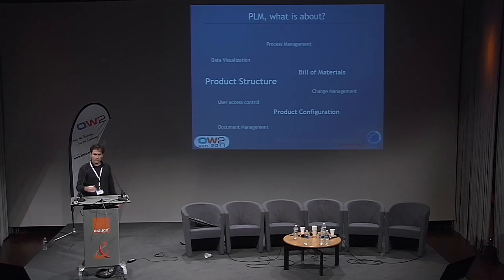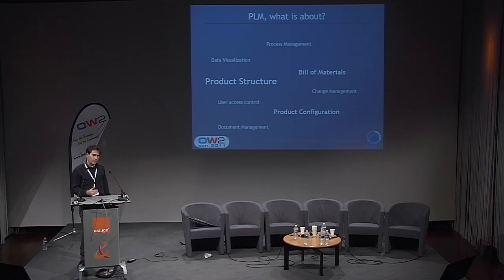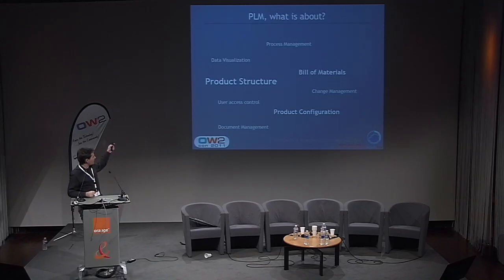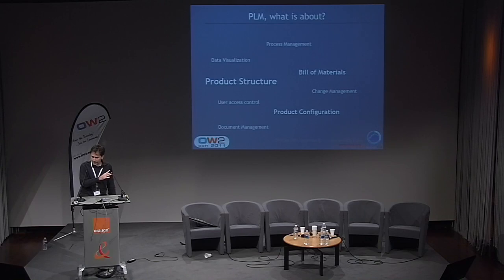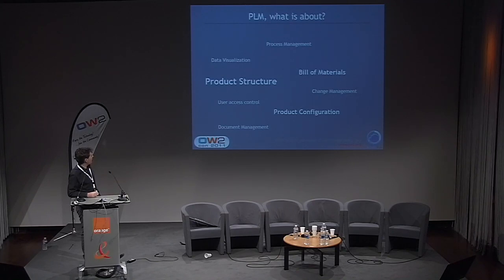What do I need to buy or to make, to construct this product? This is taken from the product structure. And the product configuration is all the processes around that manipulate the product structure. So this is what we want to provide in our solution.